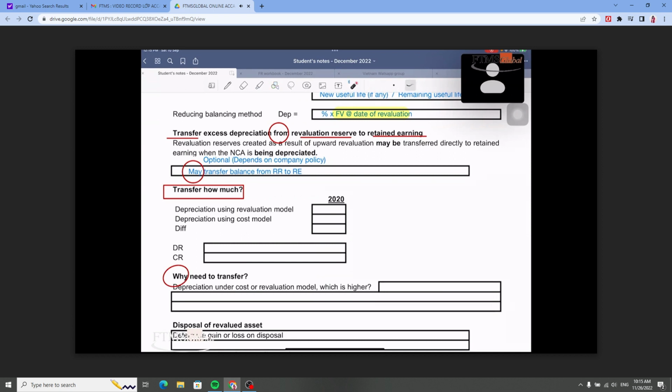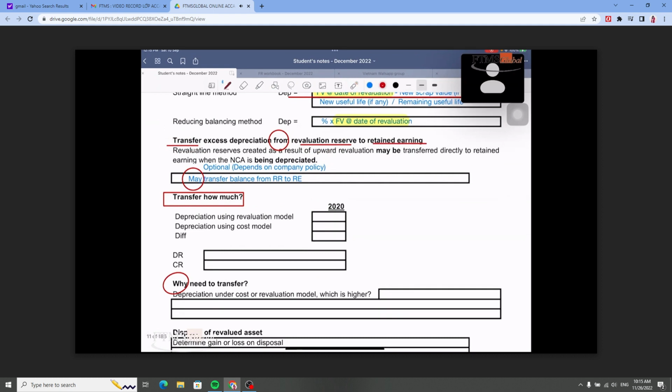Okay, so now for this double entry, very simple. Transfer from RR to RE. By reading this sentence, I will know my RR will drop, correct? Because it's transfer from RR to RE. So of course, I will also know my retained earnings will increase.